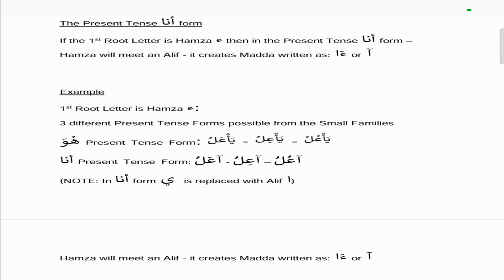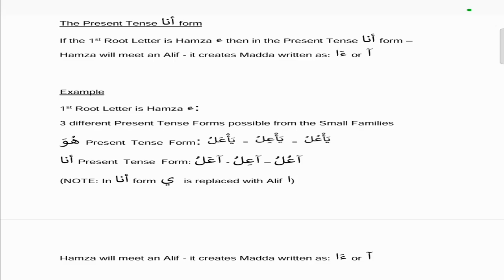So the huwa present tense form is ya'ulu, ya'ilu, and ya'alu. If you take a look at these three examples, normally fa is the first root letter, ain is the second, and lam is the third. So we replace the fa with a hamza. So the huwa version in the present tense has three different possible versions in all the six subfamilies. The first is ya'ulu, the second is ya'ilu, and the third is ya'alu.